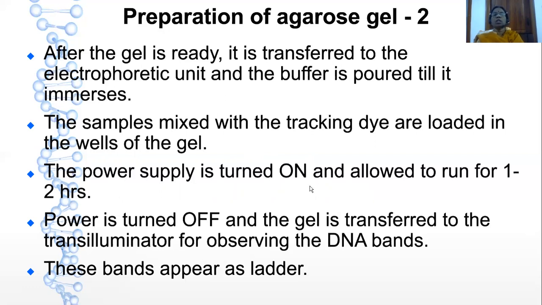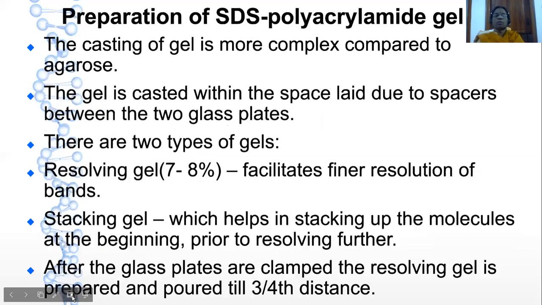The run usually lasts from 1 to 2 hours. After that, we switch off the power supply and remove the gel, not with the tray, and transfer it to the transilluminator for observing the DNA bands. These bands can be observed under the transilluminator as a ladder.